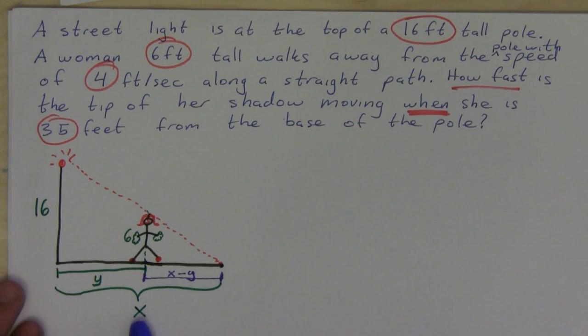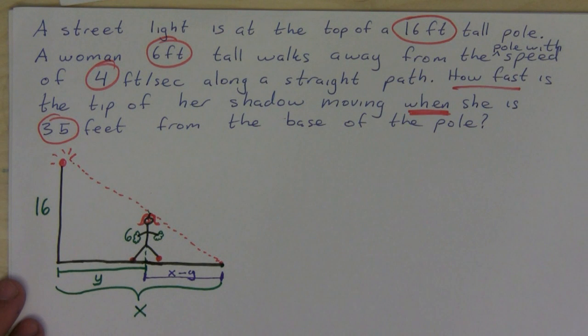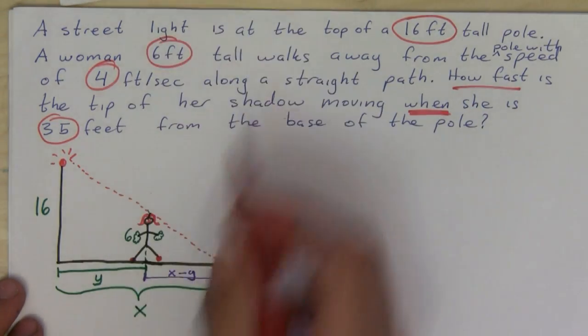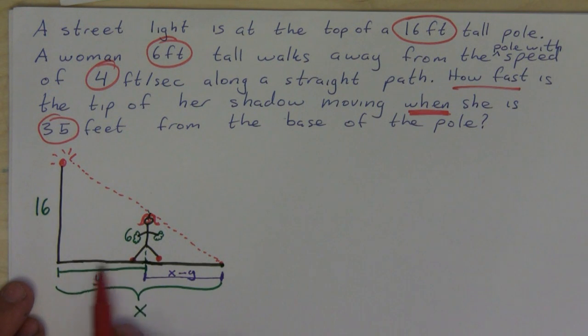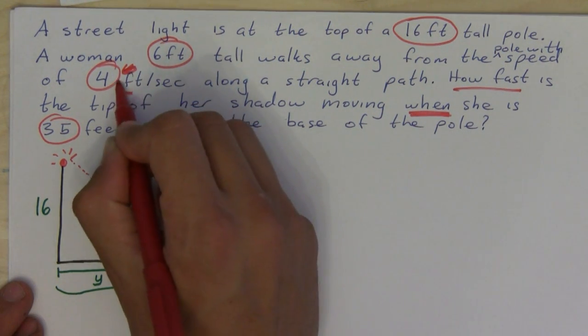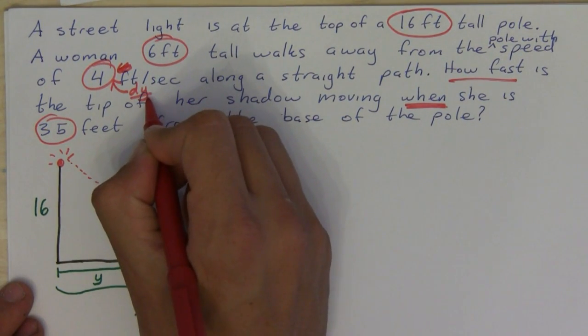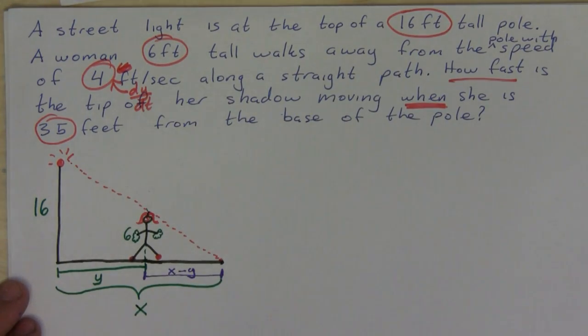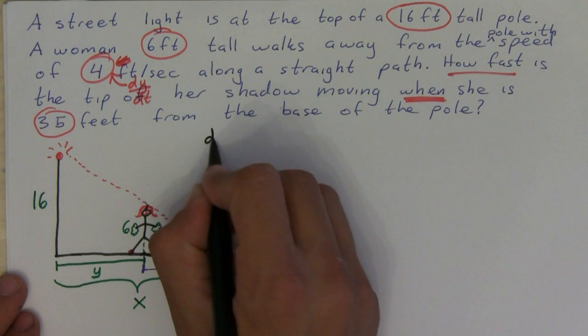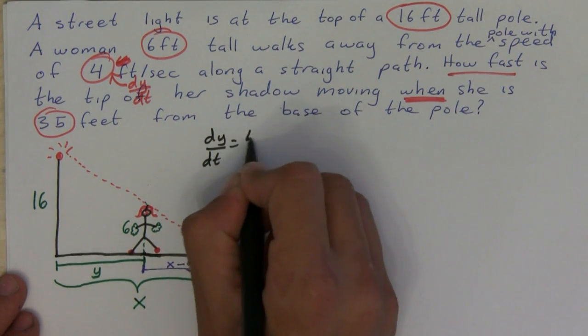All right, so now that I put a symbol for all these distances, let's label our information. Here we have that the woman is walking 4 feet per second. So the distance from her to the pole is y. So this 4 represents dy over dt. So dy over dt is equal to 4.